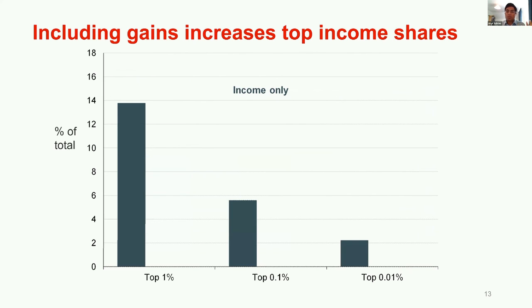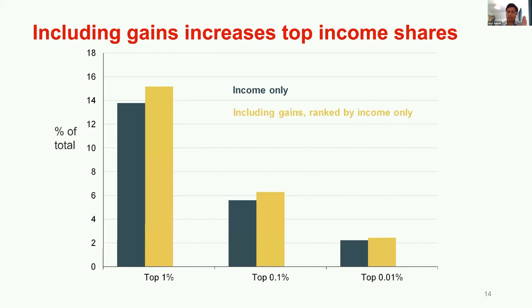So what does that do to our share of income that goes to the top? These are the standard pictures you might see if you're used to fiscal income. What share of all income goes to the top 1%, or 0.1, or 0.01? So for the top 1%, we're used to thinking that about 14% of the income goes to that top group. If you account for the fact that there are also capital gains, so you keep the same group of people at the top 1%, you're not going to change who's at the top, but we just account for the fact they may also have capital gains.